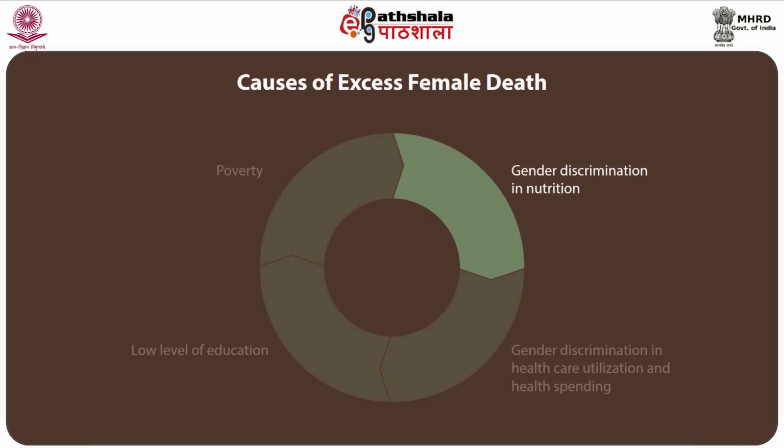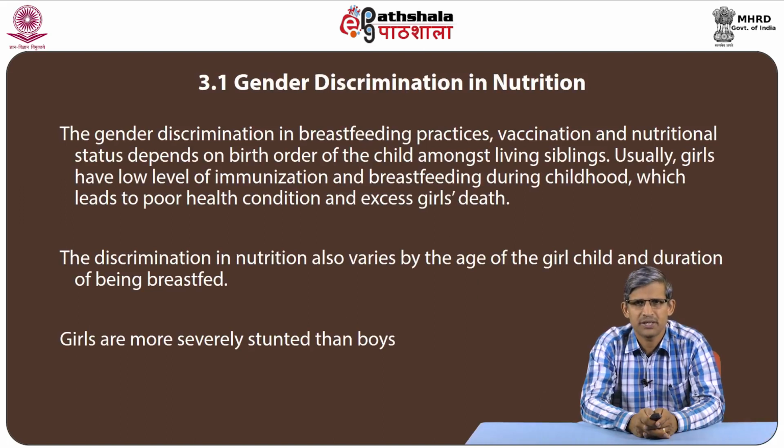It indicates that there is gender discrimination among the children in breastfeeding practices, vaccination, and nutritional status, which depends on the birth order of the child and the living siblings. Usually, girls have a lower level of immunization and breastfeeding during childhood, which leads to poor health conditions and excess children's deaths.